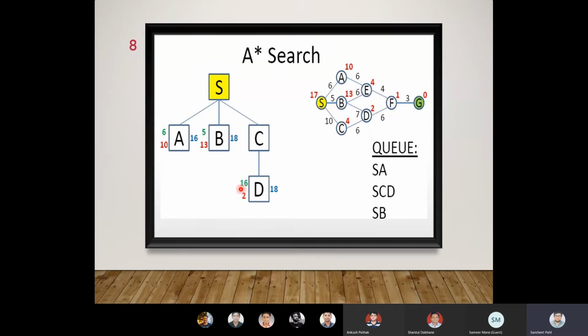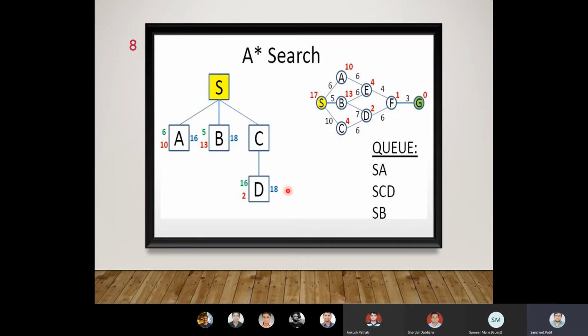So g of n for d will become 16, and simultaneously the heuristic value for d is 2. So 16 plus 2 gives you 18, and hence 18 would be the f of n for d, and it will be pushed again to the open list.